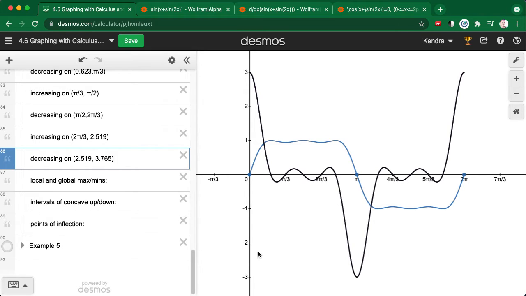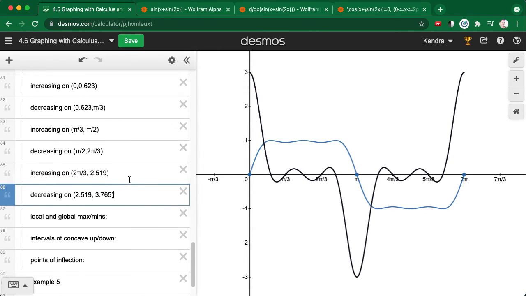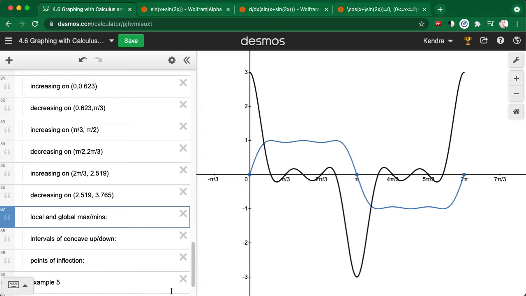Okay, and I'm not going to finish this because I don't think it's necessarily all that interesting, but we can see that's where we have the increase and decrease. Global maximum and minimum. Honestly, I think there's 1, 2, 3 that we can kind of see, and then there's the symmetries of those.